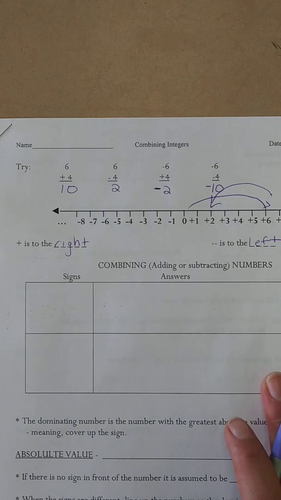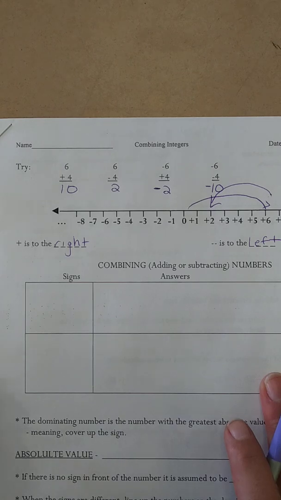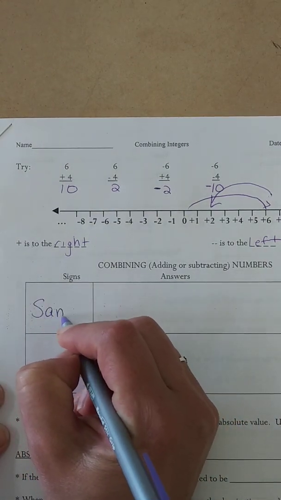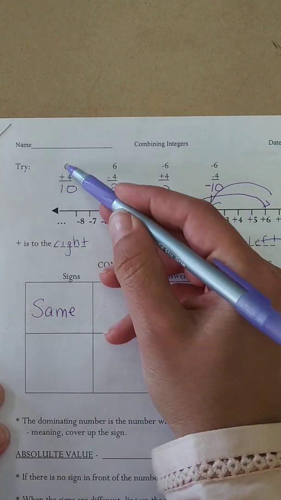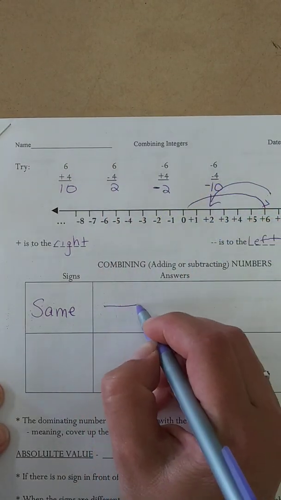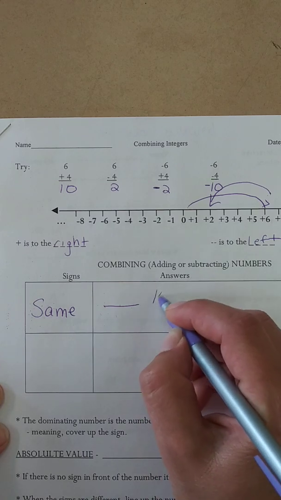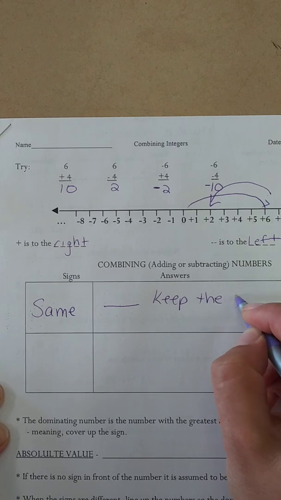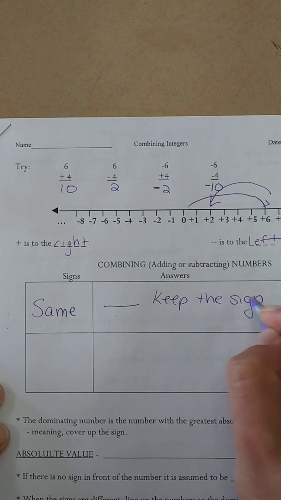I'm not going to write down a plus plus or a minus minus, because that's more work. I'm going to make it as simple as possible. When the signs are the same, you add the numbers and then you keep the sign.